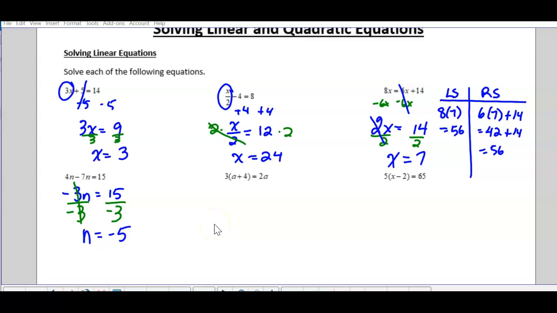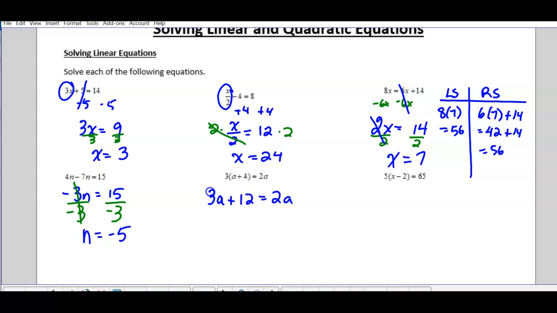Okay, so the next one, if we have brackets. The odd time you might be able to divide by 3 right away. But really, the best way to do these, so that it works in all equations with brackets, is to expand out. Okay, so multiply that bracket out, so there's no more brackets. Then you want to collect the a terms.